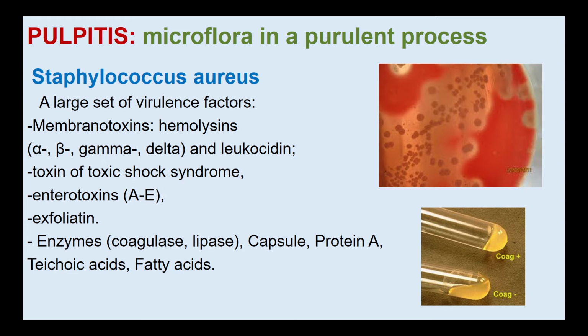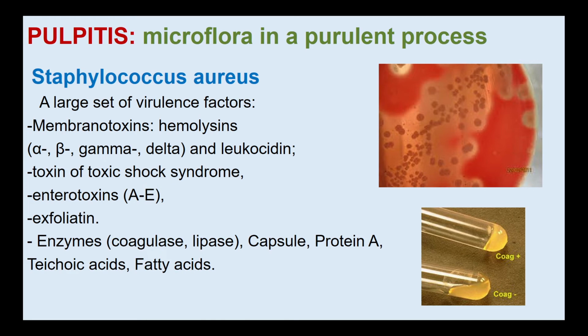Some Staphylococcus produce enterotoxins, which can cause food poisoning. Another type of strain can produce exfoliative toxins, which destroy desmosomes between cells and cause desquamation. Also, Staphylococcus produces different aggressive enzymes such as coagulase, lipase, hemolysins, also forming alpha hemolysis, as Streptococcus does.